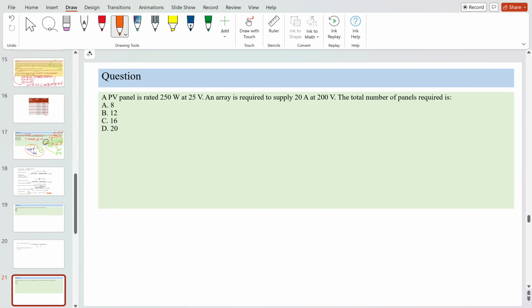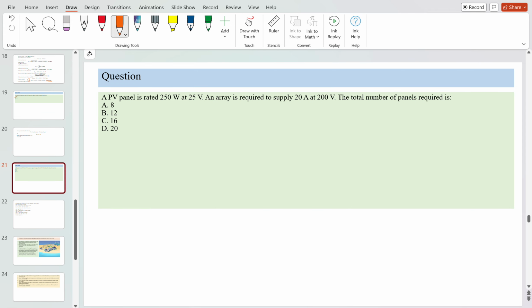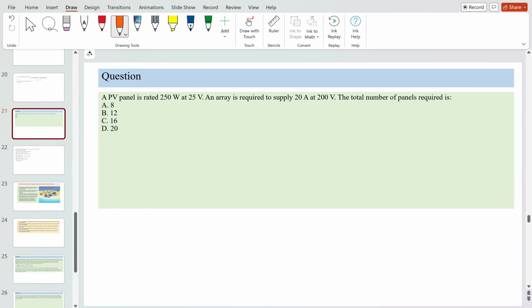Easy problem we have solved in the last tutorial session. Try to solve again. Okay, option A. Let's wait for others to solve also.